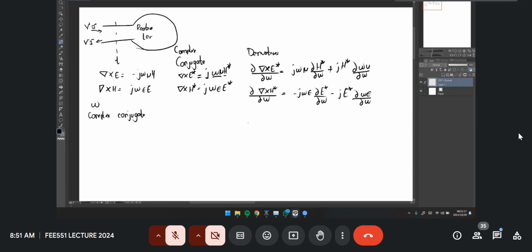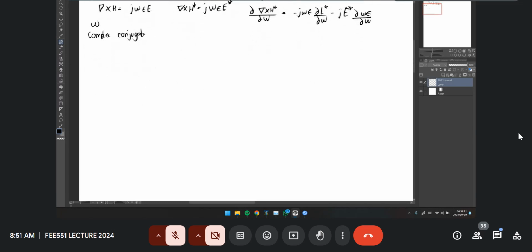The next step was supposed to consider two specific equations. The first one is this one, H, and then the second one is this one.